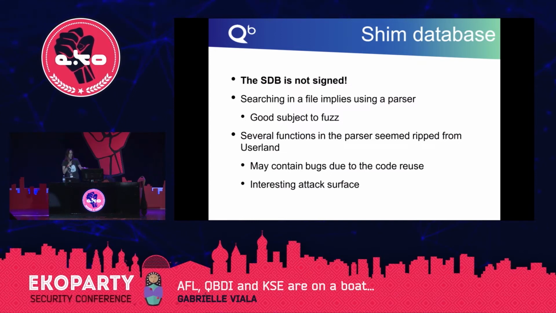And in addition, if you look at the code of this parser, you will find some similarities between this parser and the parser used in userland. So it seems like Microsoft adapted the parser from userland to kernel. This can lead to new bugs. So yeah, I was thinking it was an interesting attack surface.